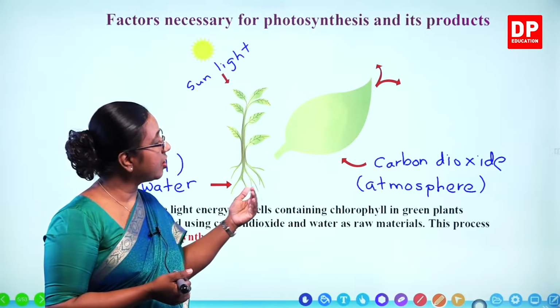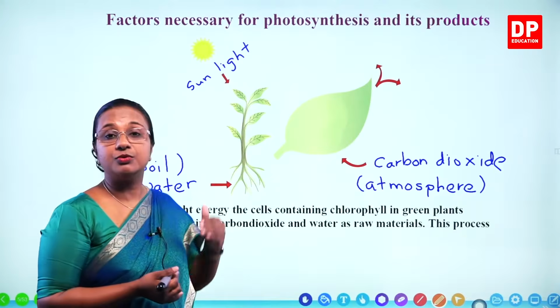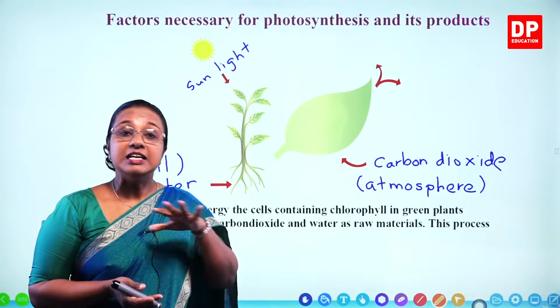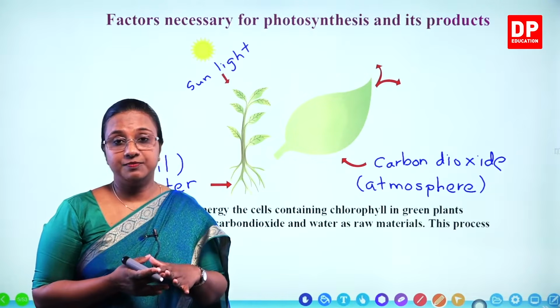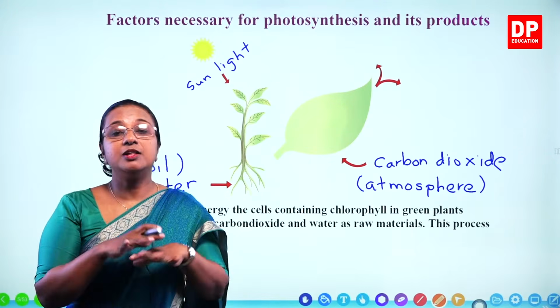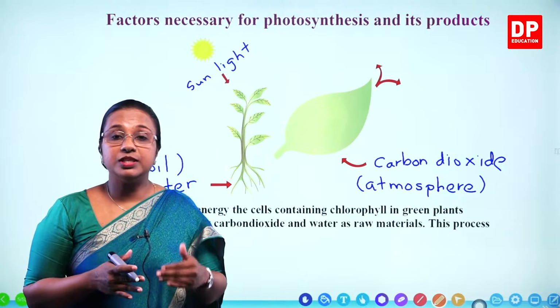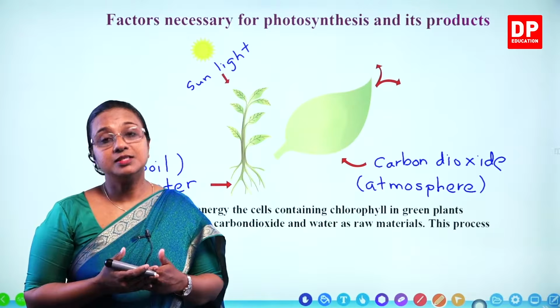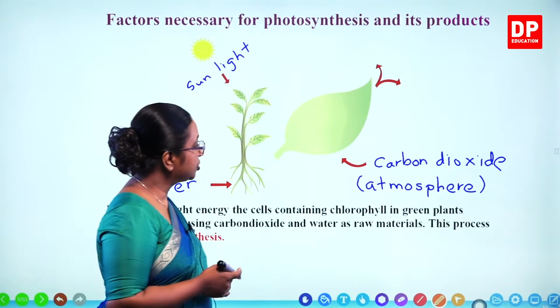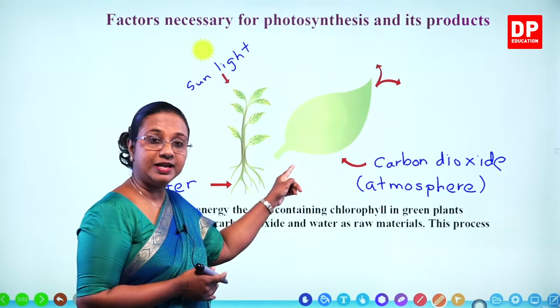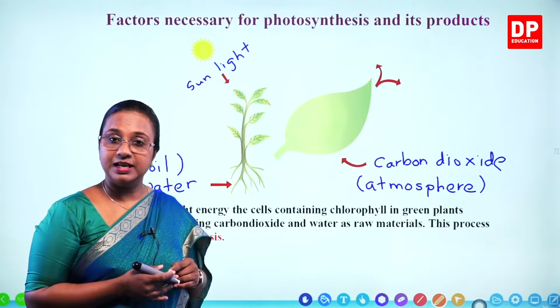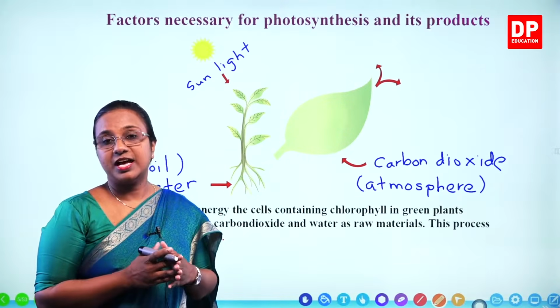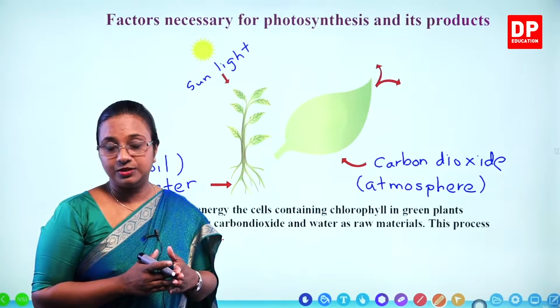And the carbon dioxide that goes in through the stomata diffuses into the leaf. So they just spread throughout the leaf through the intercellular spaces. So for this to happen, there needs to be enough stomata, and carbon dioxide will diffuse into the leaf.